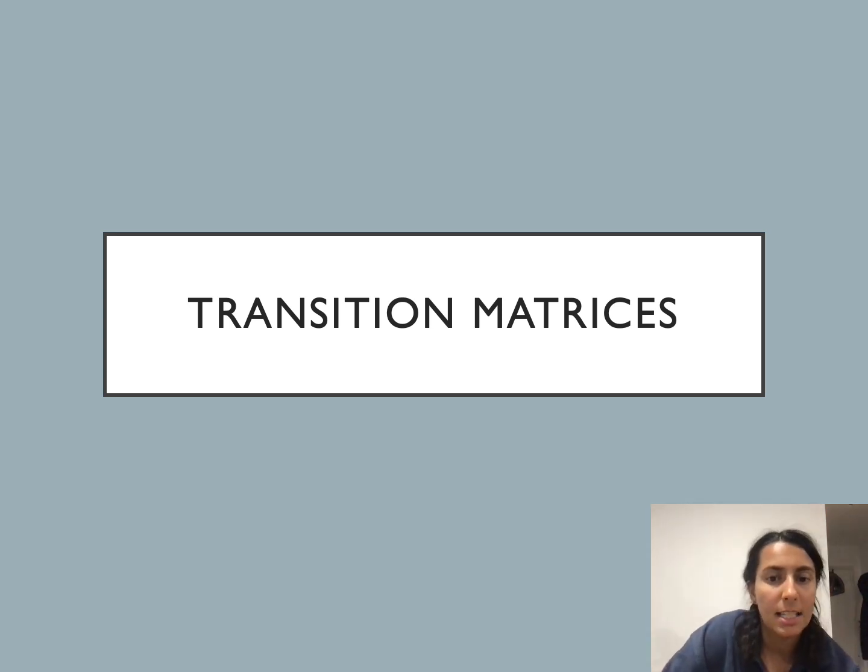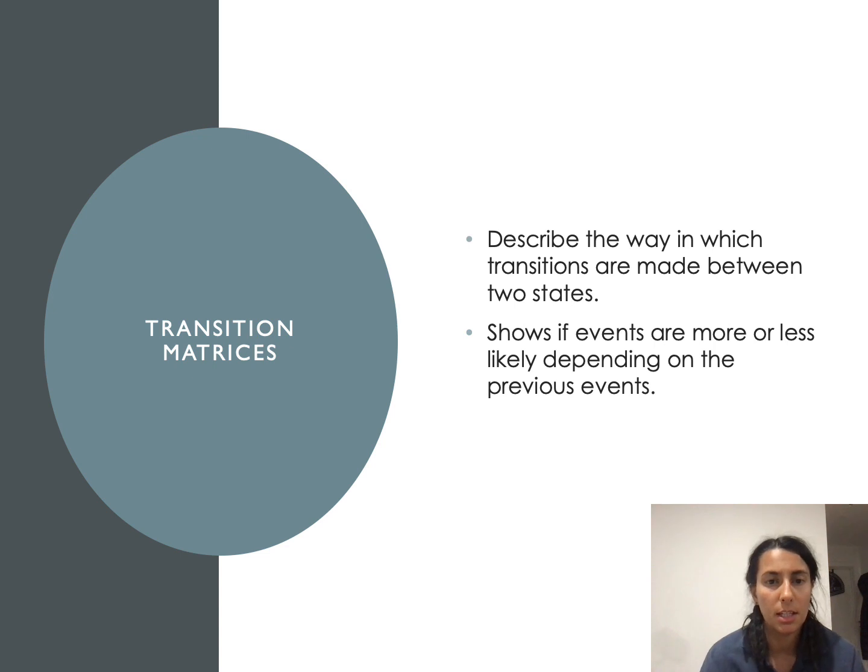Alright, the last part of this topic is looking at transition matrices. Transition matrices are basically the way we describe transitions between two different states. We're looking at whether something is more or less likely to happen depending on data that we have from previous events.